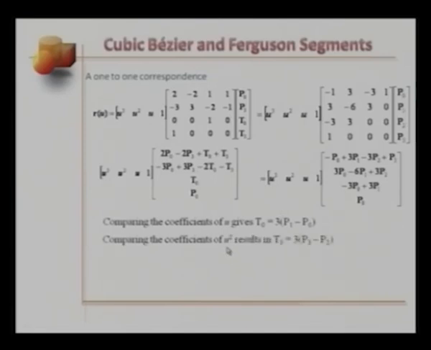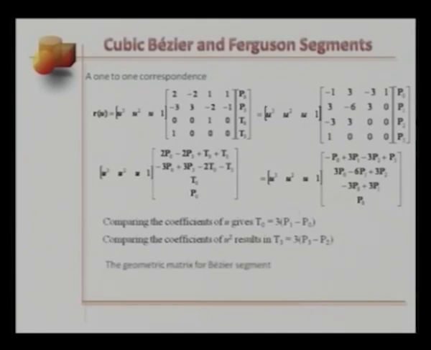Comparing the coefficients of u square will give us the second slope of the Ferguson curve, which is represented by t3, and that's equal to 3 times p3 minus p2. These two will be the last two design points on a Bezier segment.